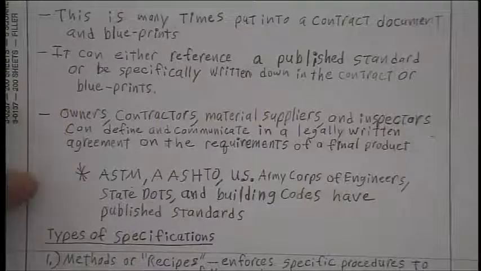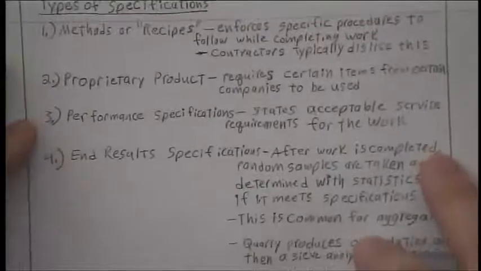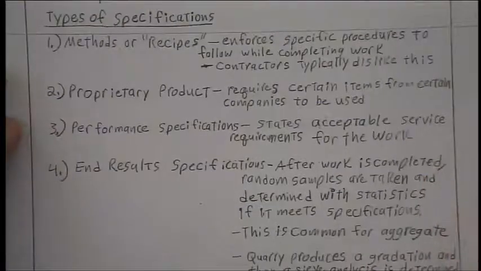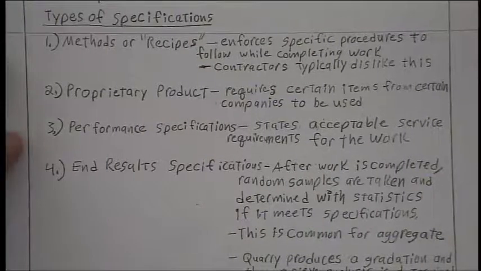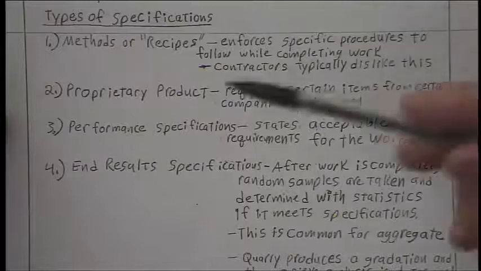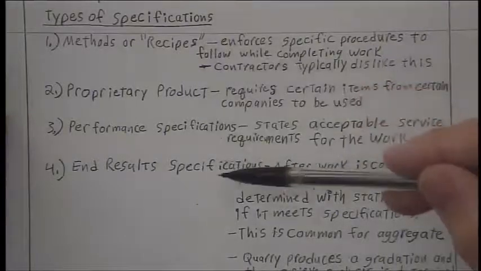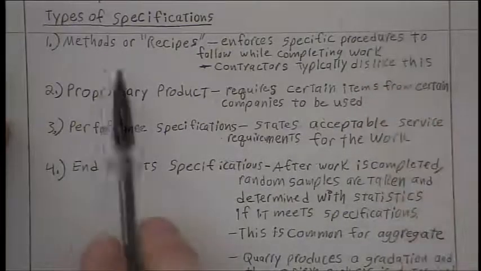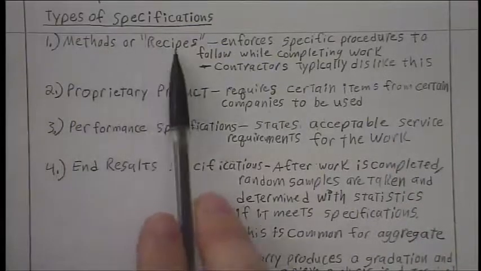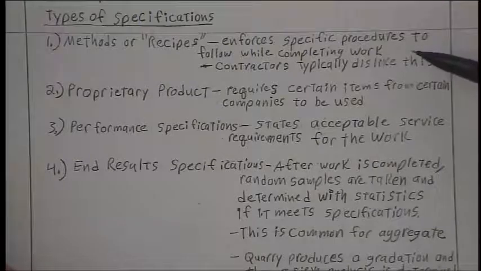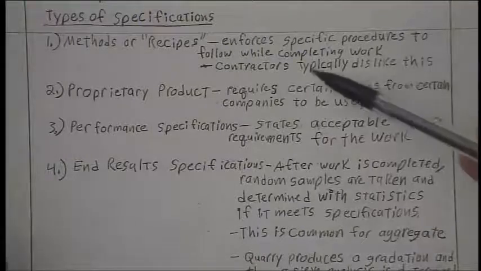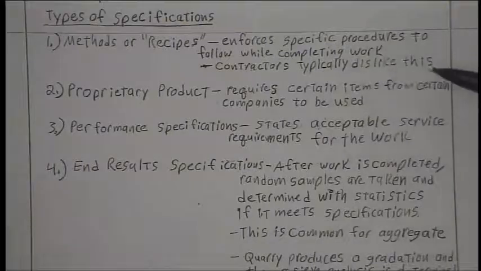And so they can be done in many different ways. I am not going to go into great detail about contracts and specifications, but typically you have 4 different specification types. You have methods or recipes, which is a step-by-step process that people say you have to follow to complete the work. Contractors typically dislike this. They don't want to be told what to do.